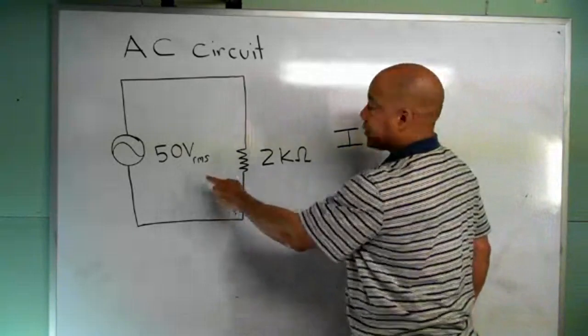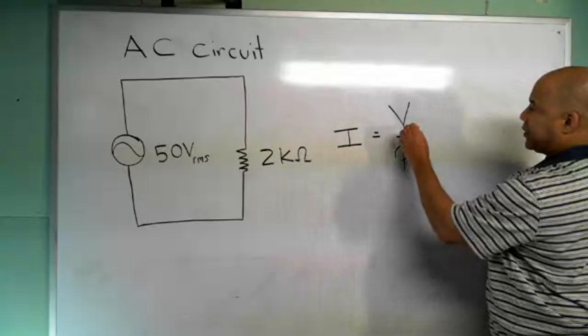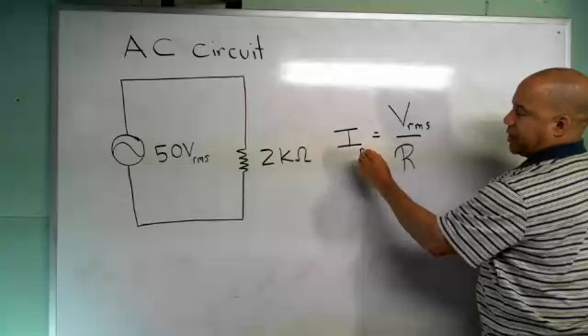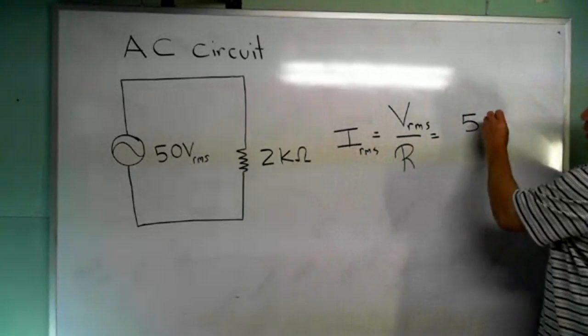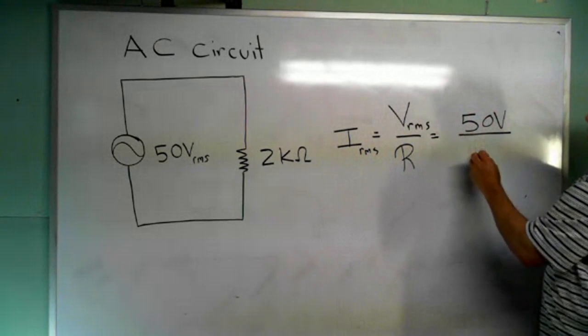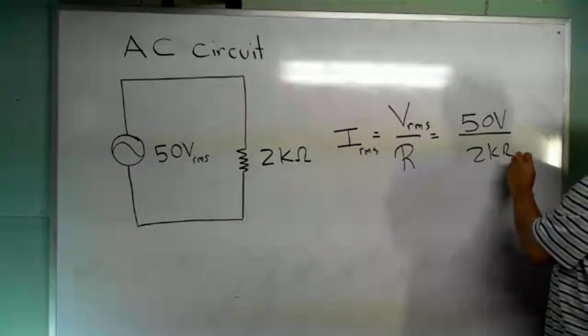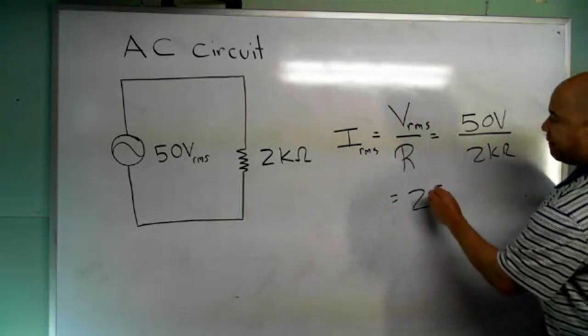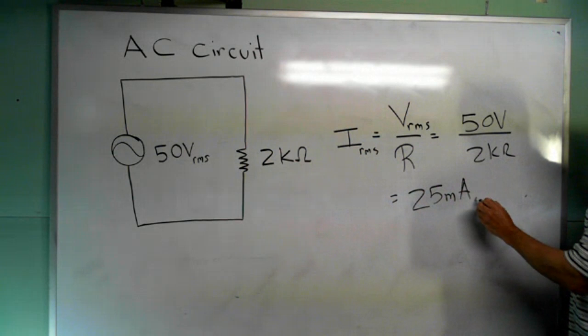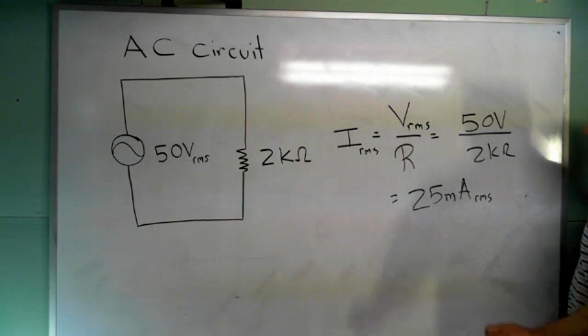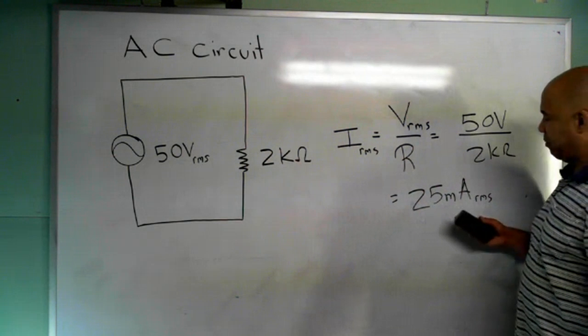Here it's in RMS, so this is V RMS. That will give you the current in RMS, and you just use it as if it were DC. So 50 volts over 2K gives me 25 milliamps. But it's important to write the little subscript here, RMS, so I know what value I'm in.